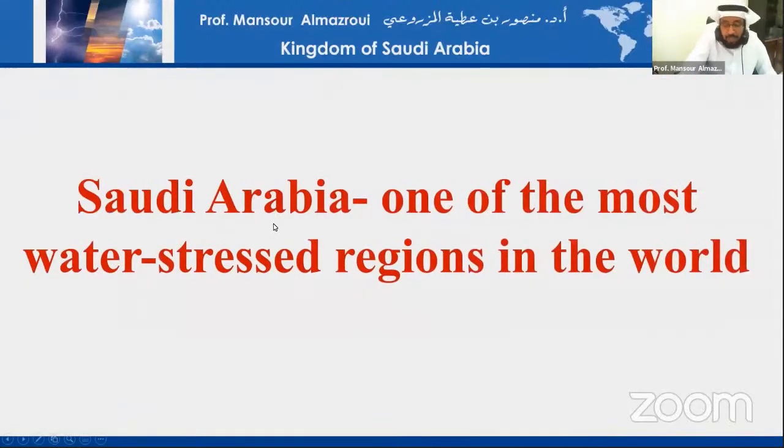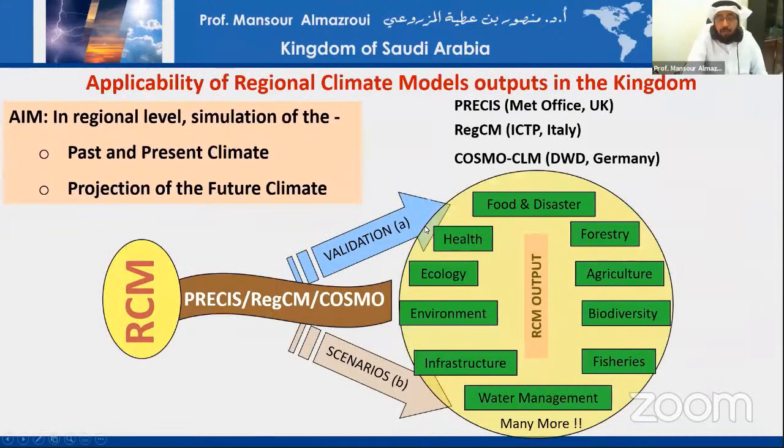And Saudi Arabia is one of the most vulnerable regions to the warming of the region, definitely, and it has water resource scarcity, one of the worst in the world. And now here is the applicability of the climate models. When we try to downscale the models, we have to use past and present climate, and then use it for projection.